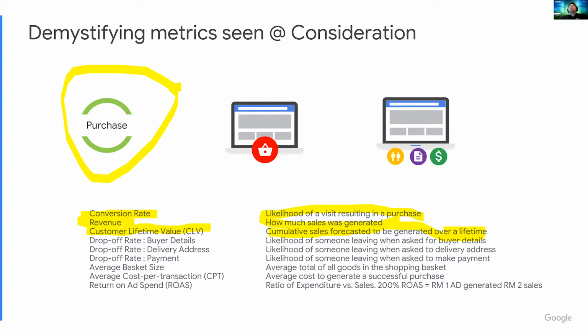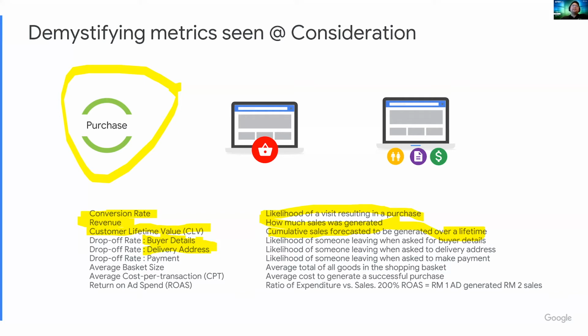So in order to intervene, many people are now introducing social login, meaning that you can immediately pull your details from Google, from LinkedIn, or even from Facebook so that you can bypass this process. Then in many situations, if you're buying physical goods, you definitely need to enter a delivery address, right? So if people decide to leave at this stage, you need to identify why so that you can potentially plan what we call a win-back strategy.